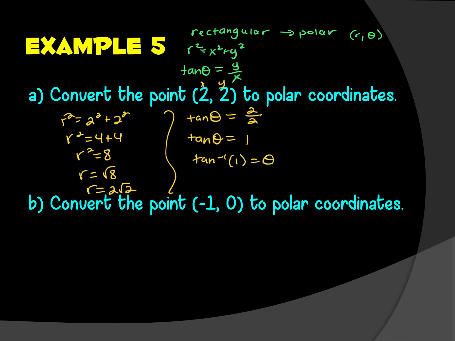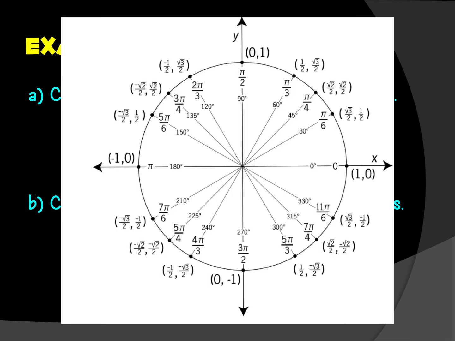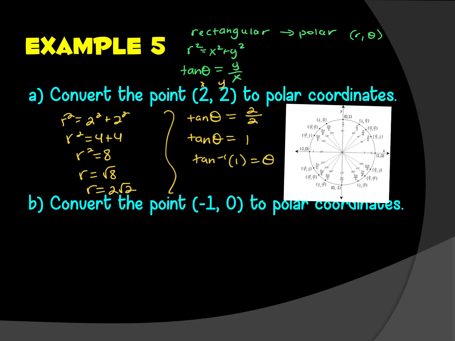So we're trying to find where on my unit circle does tangent equal 1. Now think about this. This happens at more than one spot. Here, let me pull in the unit circle.